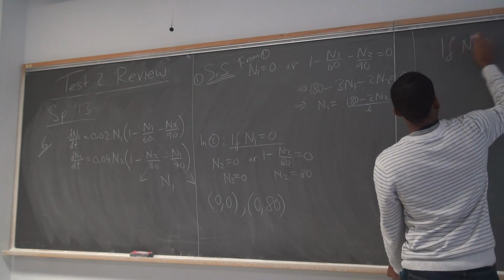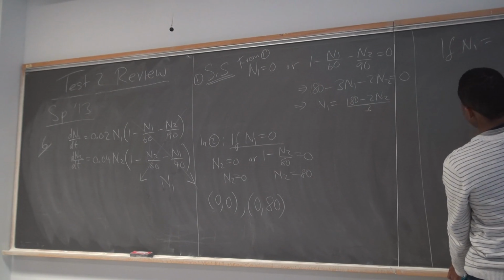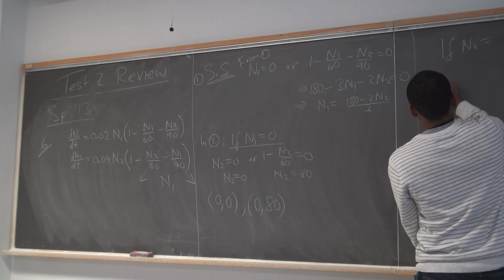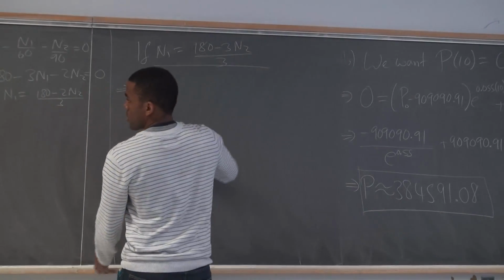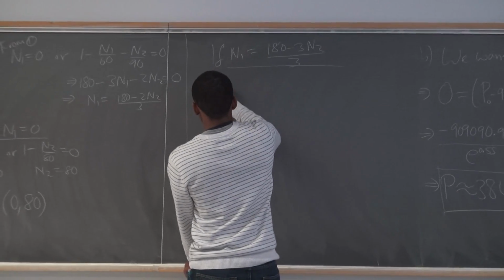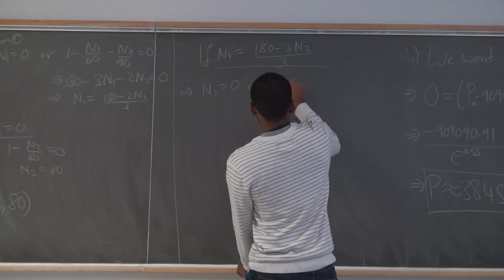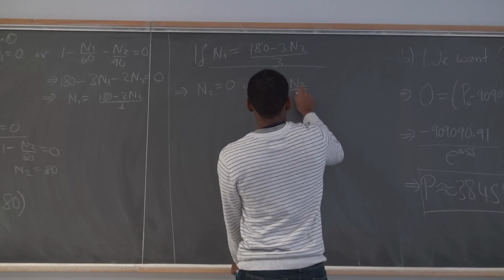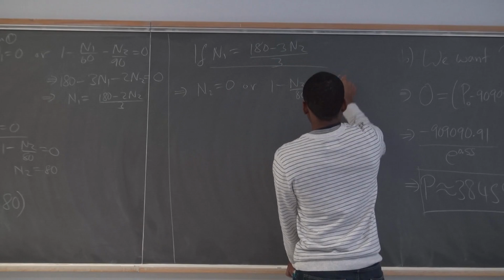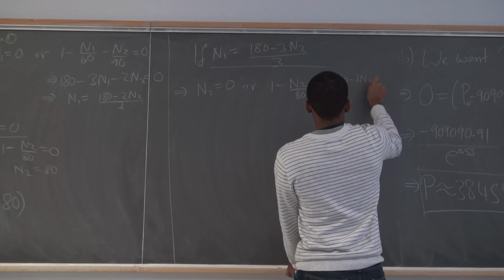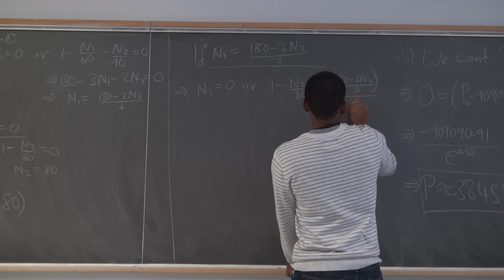If N1 is actually equal to 180 minus 2 N2 over 3, then what would we get? I would plug this in. I would have N2 equals 0, or 1 minus N2 over 80 minus N1 over 40 times 80. I'm going to plug this in: 180 minus 2 N2 over 3, over 40.